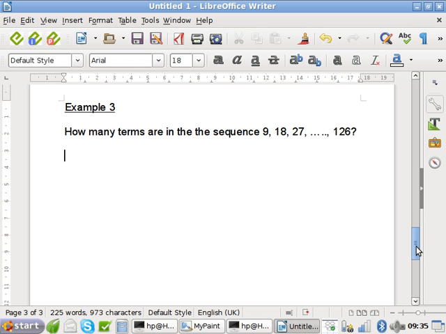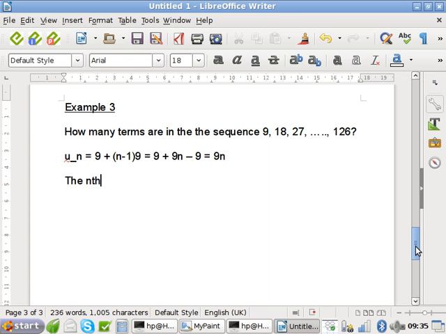So first we have to find the formula for the nth term. So let's write it down directly. What's the a here? 9. And the d? 9 also. So that's 9 plus (n minus 1) times 9. So what do we get? 9n. So the nth term Un is just 9n.